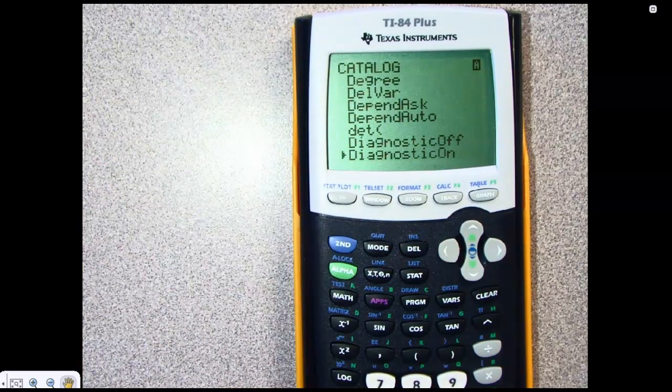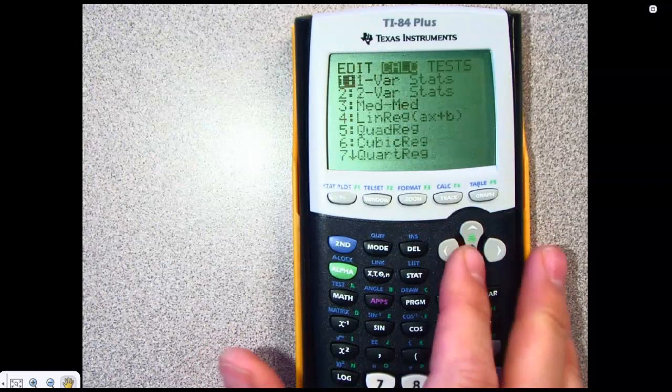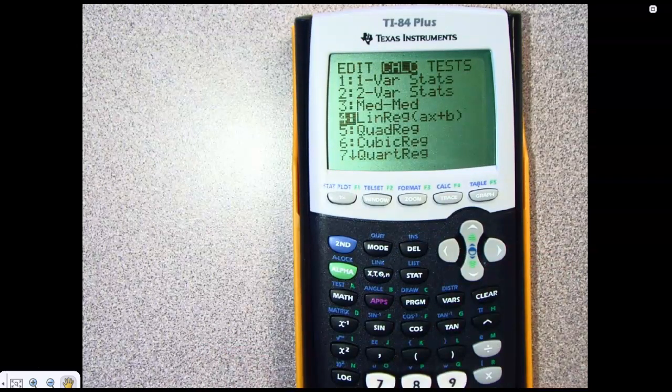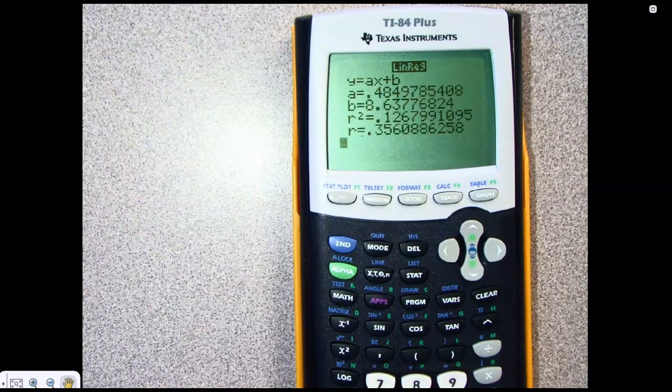I don't know why it doesn't default to on. When you get to diagnostic on, hit enter, and then hit enter again, and it'll say done. Then run the test again. So do the linear regression again, and now it should give you 4 numbers.